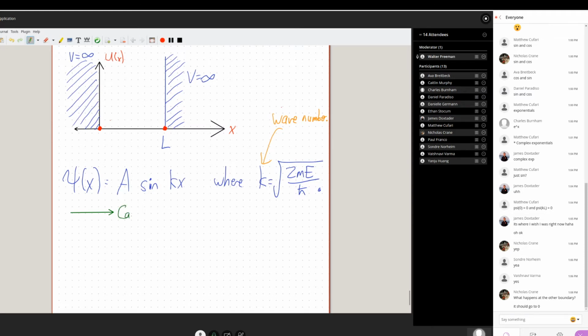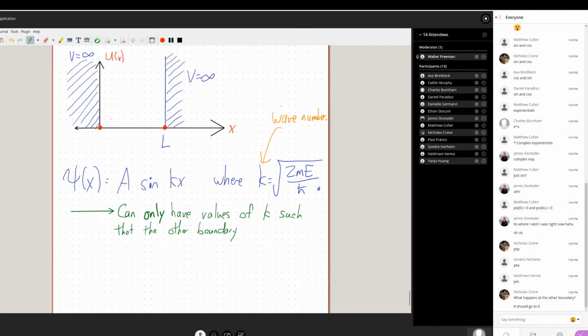We can only have values of k such that the other boundary also has psi of L equals 0.